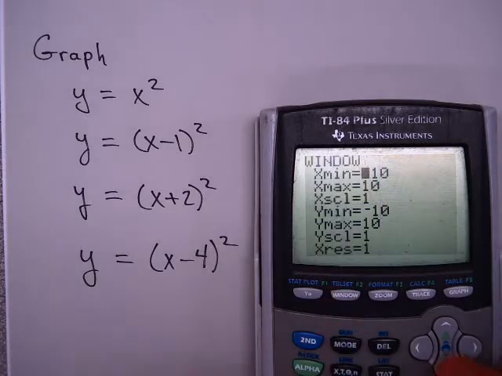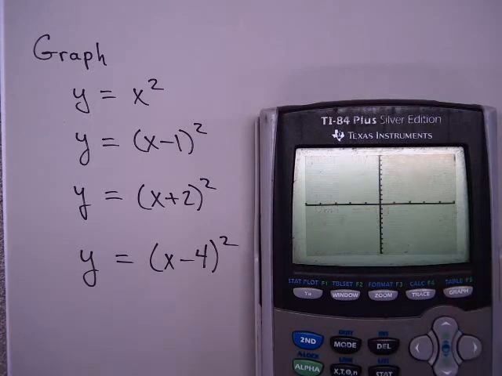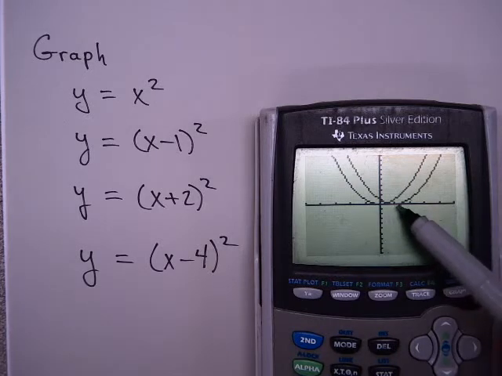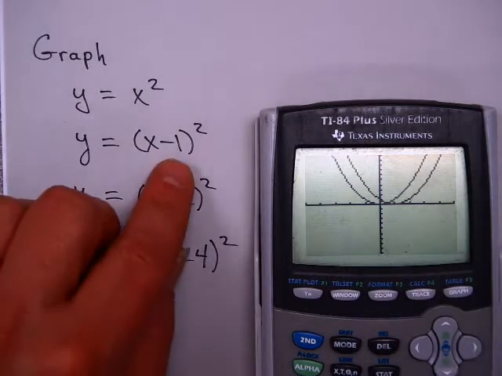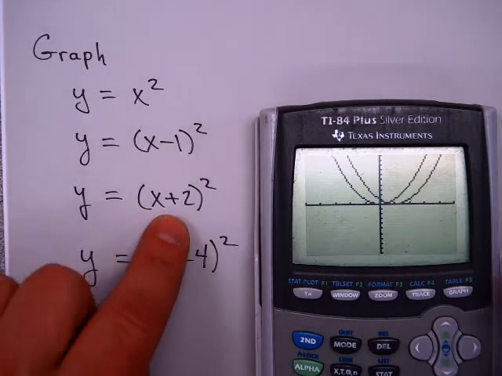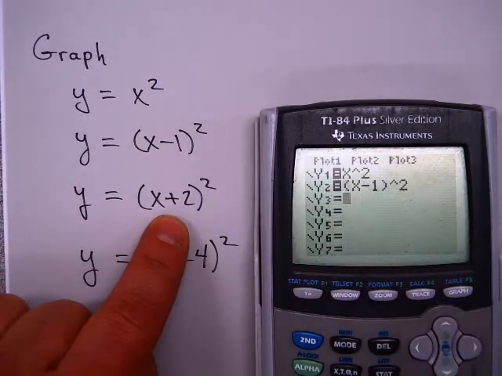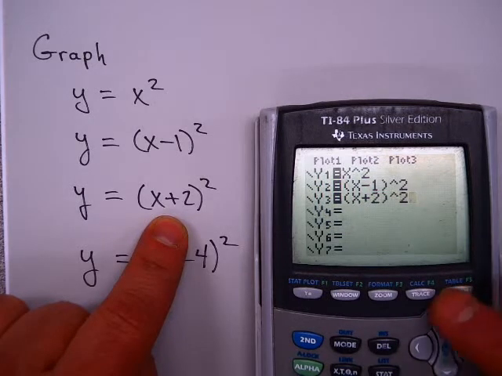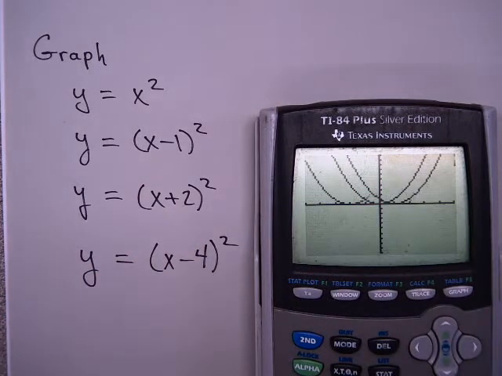If I make the window just a little bit smaller, and I think I will, there's x squared, and there's x minus 1 squared. And you see that it's just a shift of 1 unit horizontally in the positive direction. What if I put x plus 2 quantity squared in there and graph that?